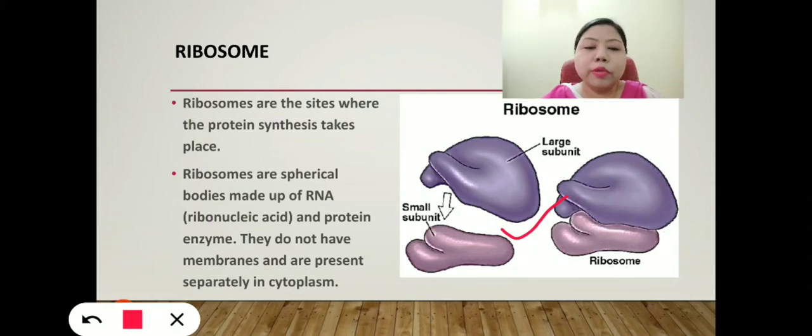Ribosomes are spherical bodies made up of RNA, the full form of RNA is ribonucleic acid, and protein enzyme. Ribosomes can be found attached to the endoplasmic reticulum, or found separately in the cytoplasm.